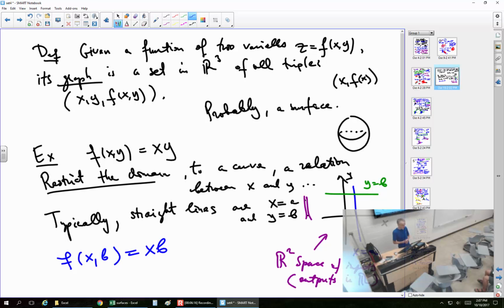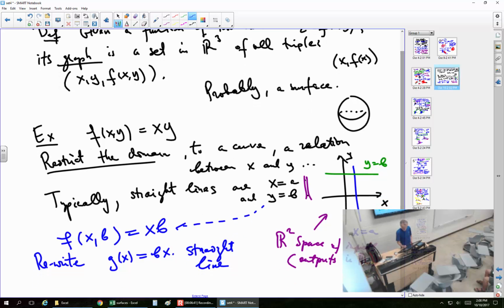Okay, I replace y with b, and I have my formula of a function of one variable. So I could, just to make that point, rewrite it specifically as, say, g of x equals bx. Okay, it is a straight line. Once again.